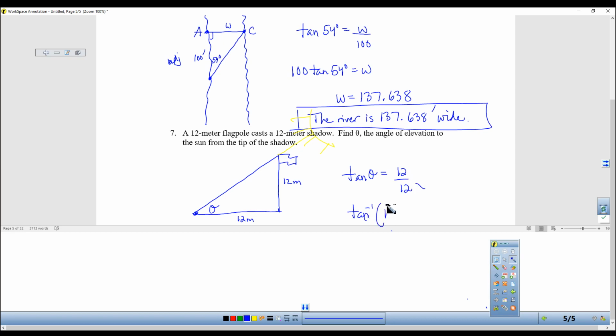This is equal to 1, so inverse tangent of 1 is equal to theta. So you can type that into your calculator, and it comes out to exactly 45 degrees. So the angle of elevation to the sun is 45 degrees.